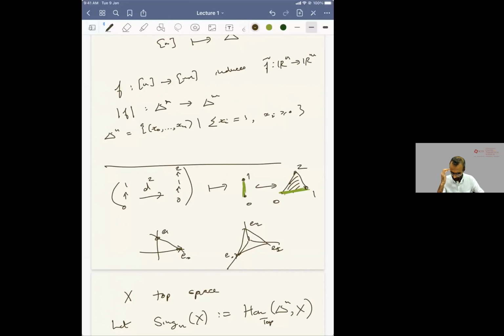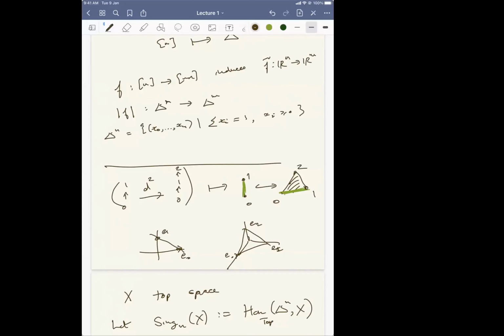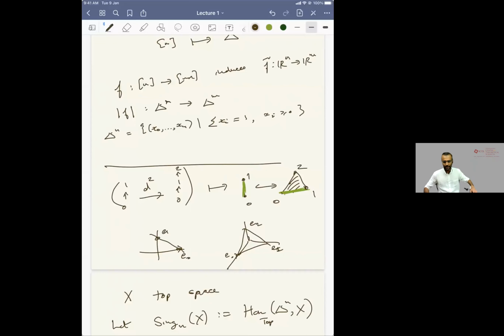It's just the convex hull, right? The simplex is the convex hull of these ei's. So what am I doing? I'm sending f of ei to e sub f of i.